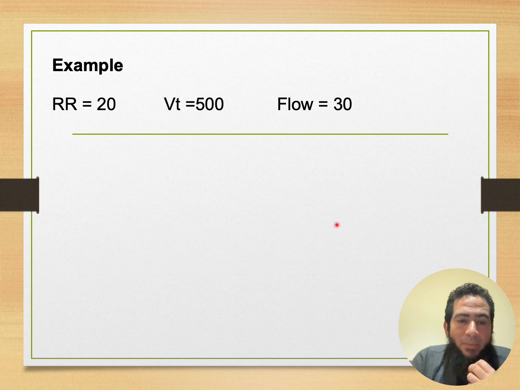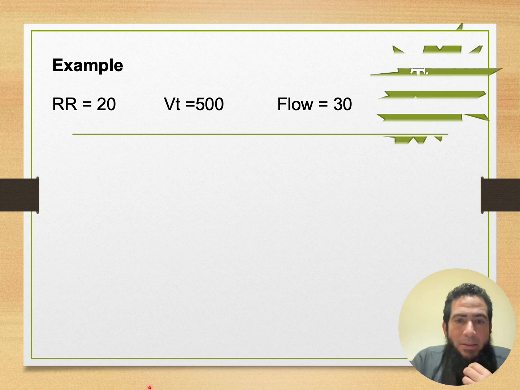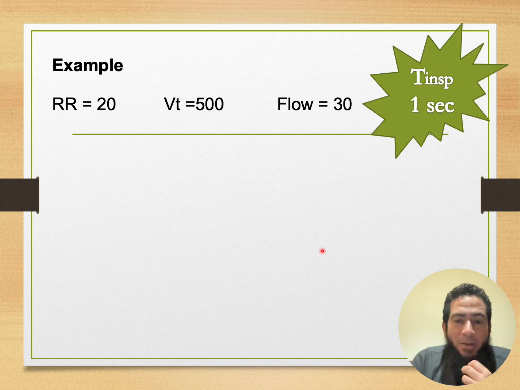So now you concluded that the inspiratory time will be 1 second. And we know from the beginning that because the rate is set at 20 breaths per minute, the whole cycle is 3 seconds, and now the inspiratory time is 1 second.